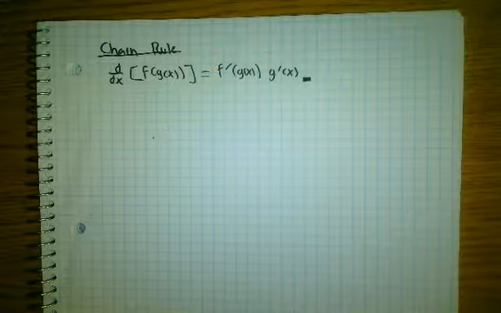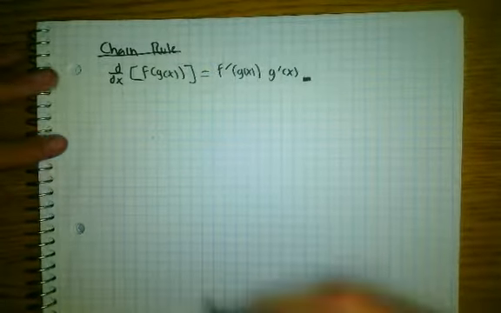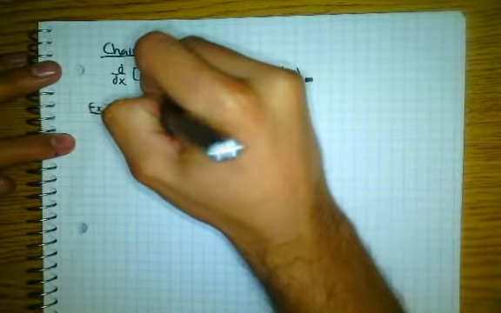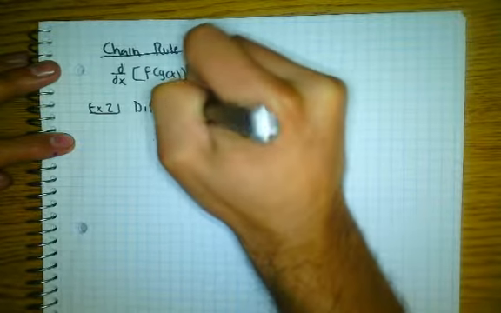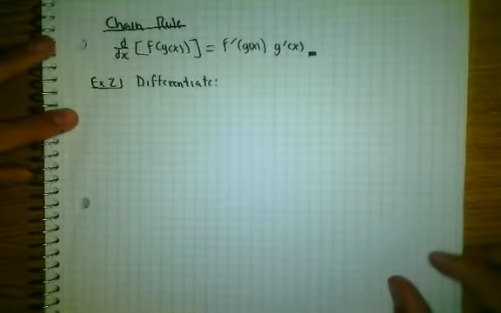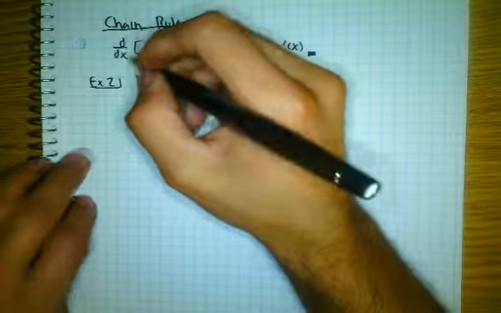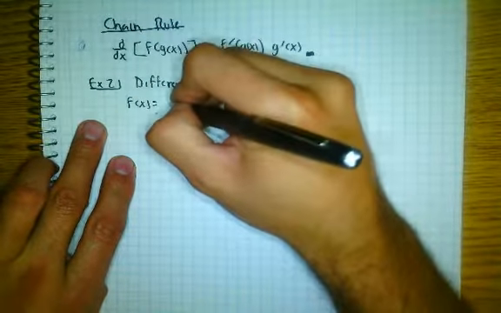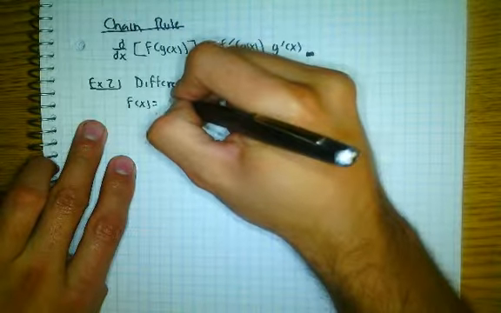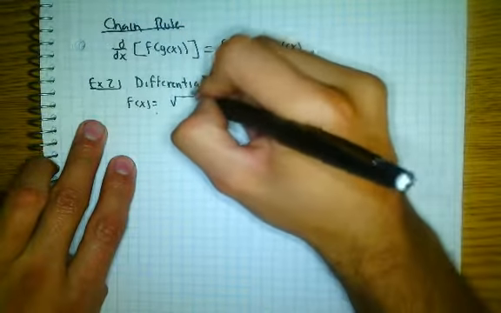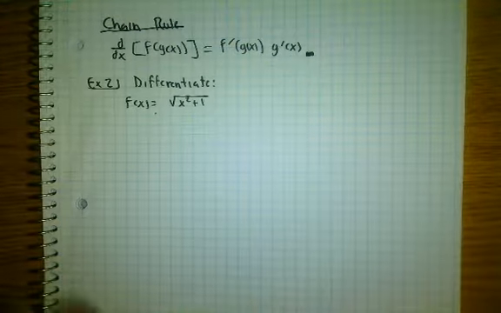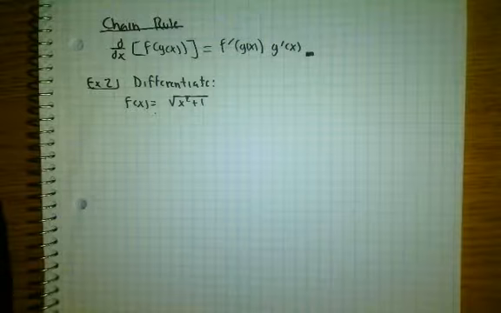So we're going to practice this. So example 2. We're going to differentiate. Alright, let's say that you have something like f of x is equal to the square root of x squared plus 1. Okay? Alright, do you see how we can decompose this problem?